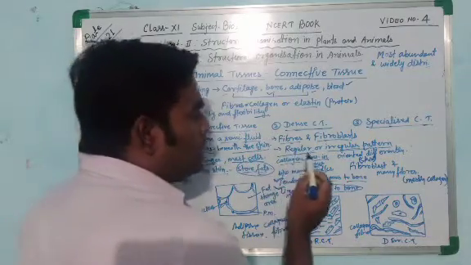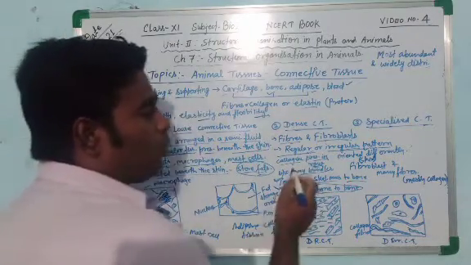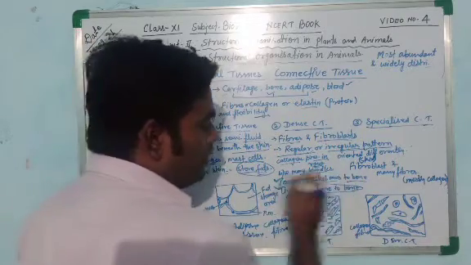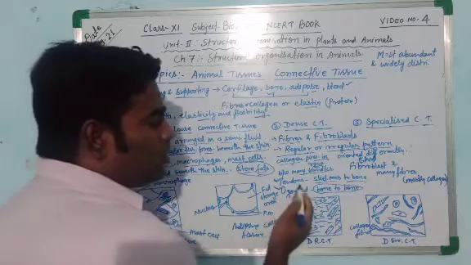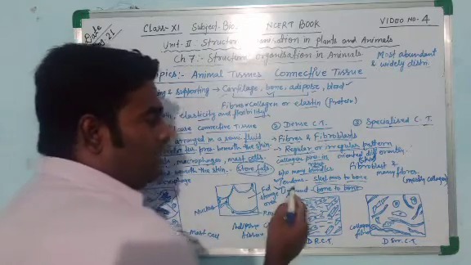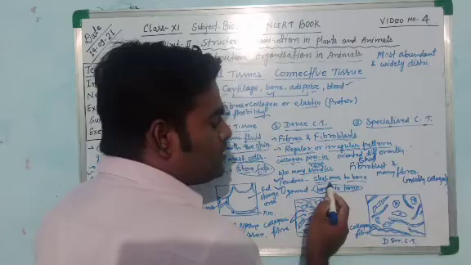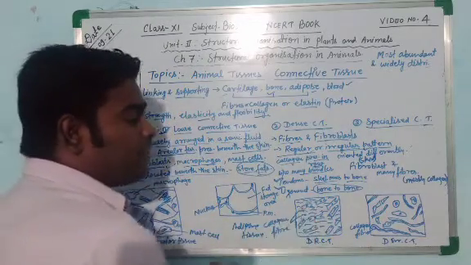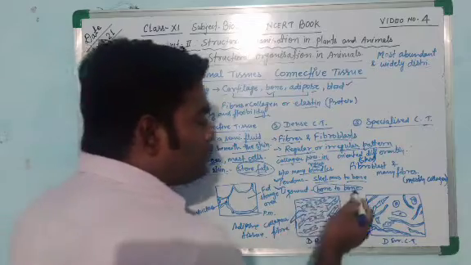Dense regular connective tissue shows collagen fibers present in rows between many bundles, like tendons and ligaments. In tendons, skeletal muscle is attached to bone, while in ligaments, bone is attached to bone.